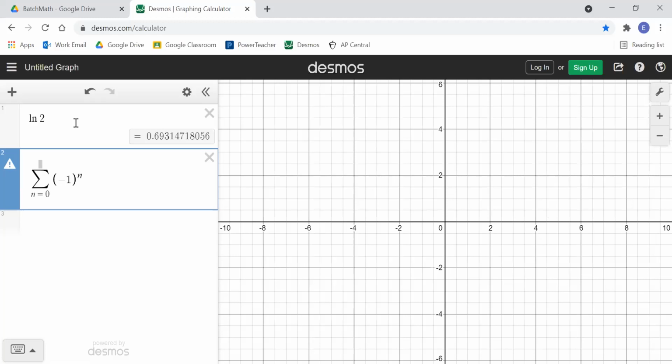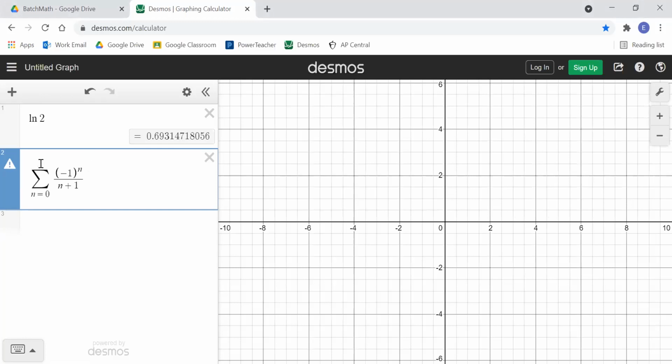Well, what's 1 to the n plus 1? Does it matter what n is? No matter what n is, 1 to the n plus 1 is just 1. So we don't need to put that in. And then it's over n plus 1.